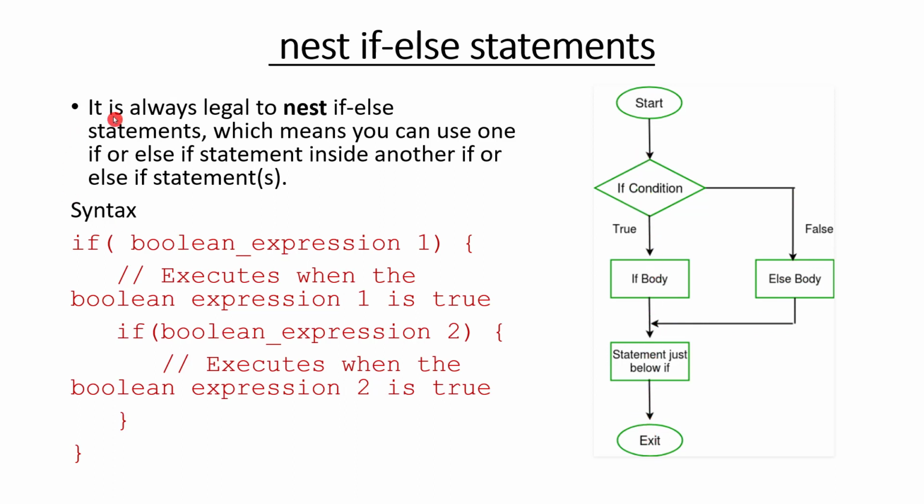The syntax is: if Boolean expression one is true, then it executes when Boolean expression one is true. Then again we have an if inside one if. If the Boolean expression is true, then execute this, then come out of that. So basically, there is an if inside the main if. That is the nested if else statement.